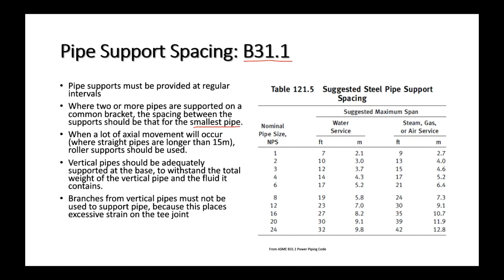It's kind of like a limp noodle, and so we have to support it more frequently. Whereas a big, hefty 6-inch pipe is pretty massive, and it's probably not going to need to be supported at such close intervals.